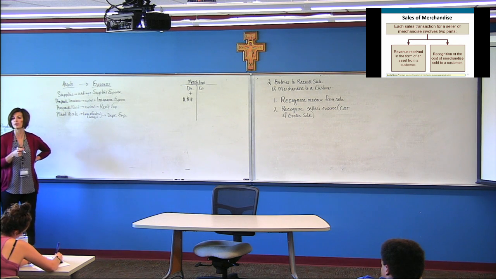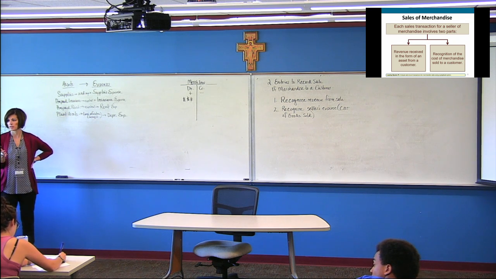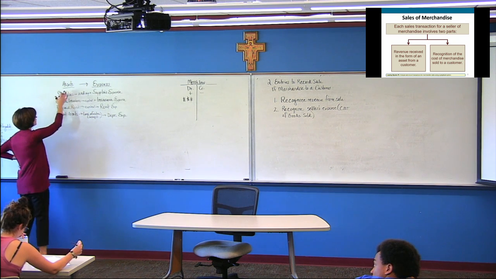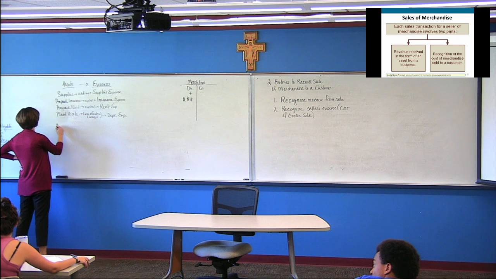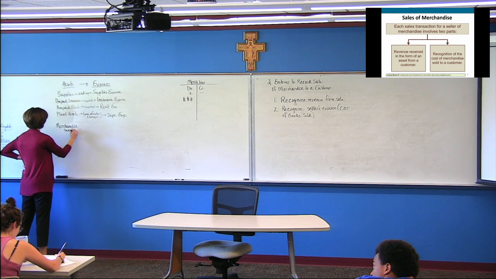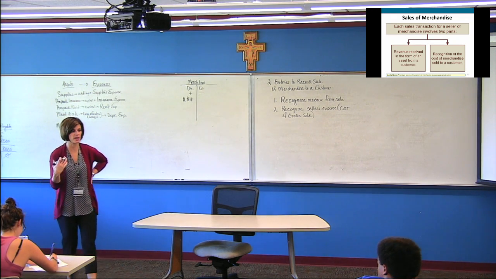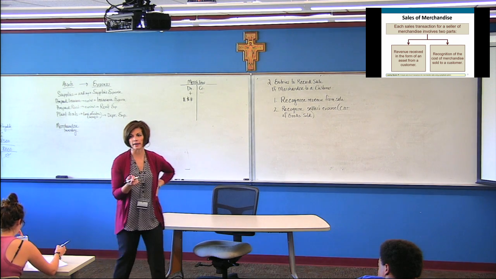Don't we have a new asset account in this chapter? Merchandise inventory, right? That's our new asset. So if we're following suit here, when I buy merchandise inventory, it's an asset, I own it. I get a benefit. The benefit is that people come to my store and want to buy it.